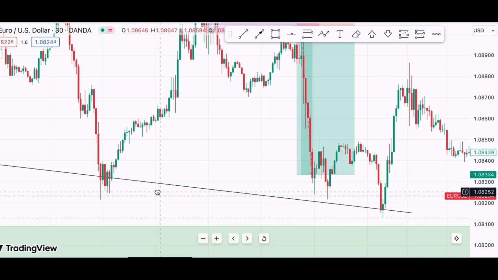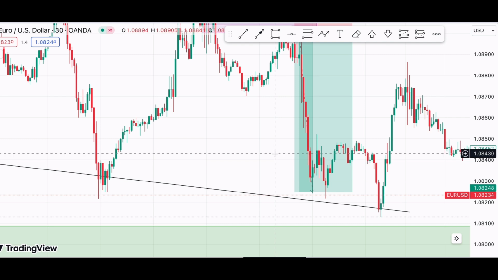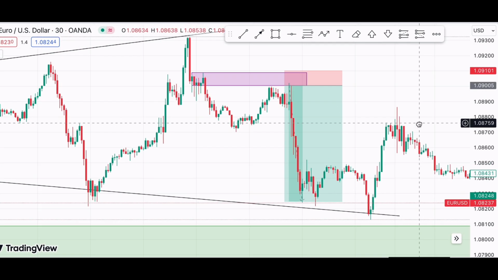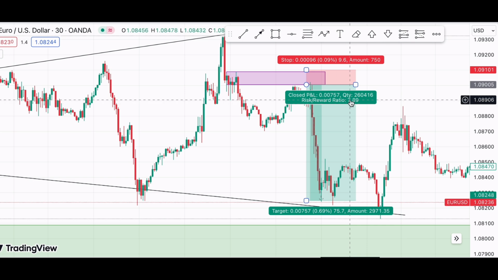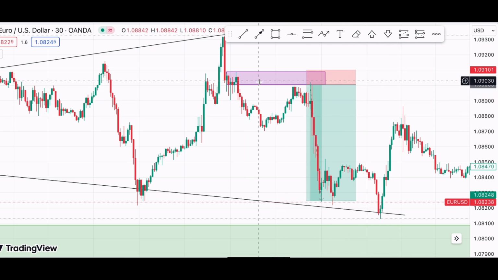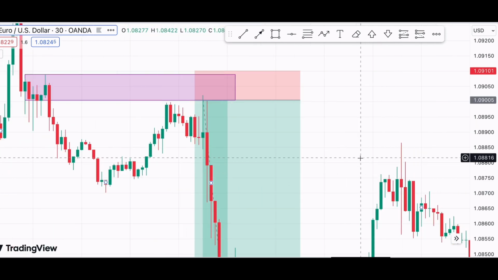I will aim for the previous low, the previous low support as our take profit area. Not bad, right? Almost 8 risk reward ratio. So this is how we can get our sniper entry.